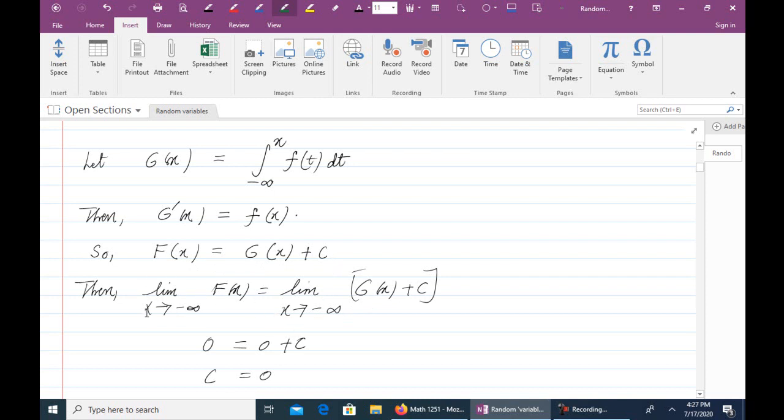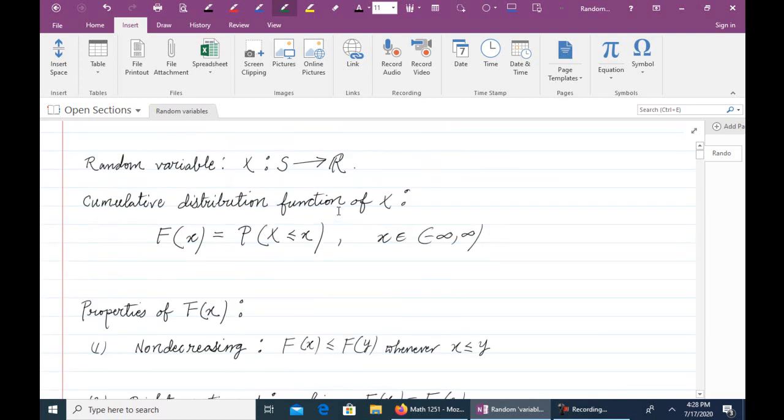The limit on the left is simply 0, and on the right-hand side the limit of G of x is clearly 0, because if you look at the integral definition of G of x, when x goes to negative infinity, this would be 0. So then we see that C has to be 0. In other words, the CDF capital F of x is the same as the function G of x, which is defined by this integral.